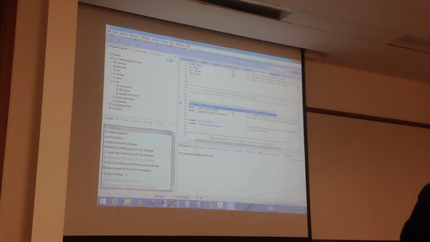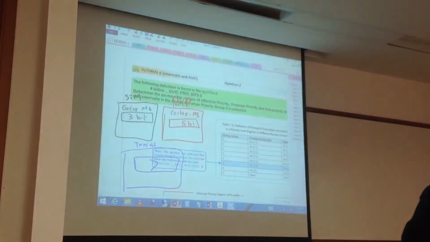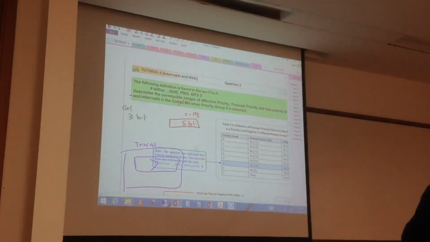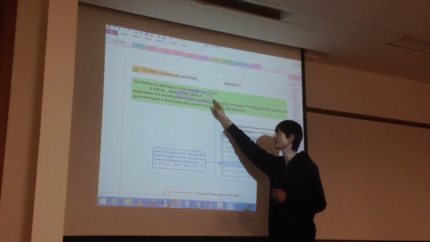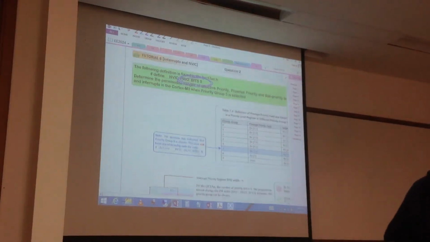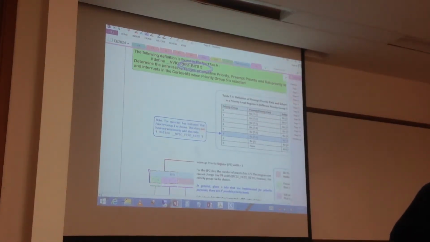So in this question, we are told that our LPC 1769 uses an IPR width of 5. This is the IPR width. So it is 5 bits, 5 most significant bits.